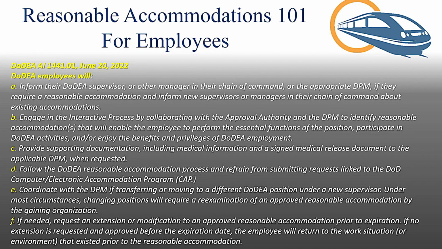You're going to make the request to, in most cases, your first line supervisor. In the case of the school level, it's usually the principal. At the HQ level, it'll either be your branch chief or in some cases, the division chief, right?